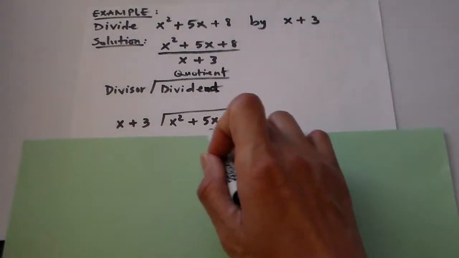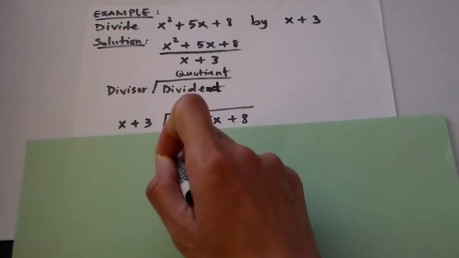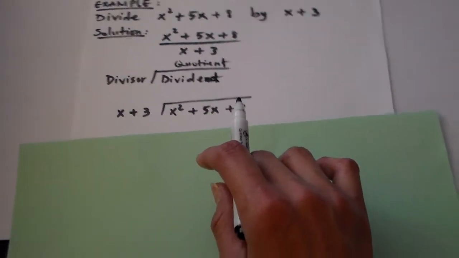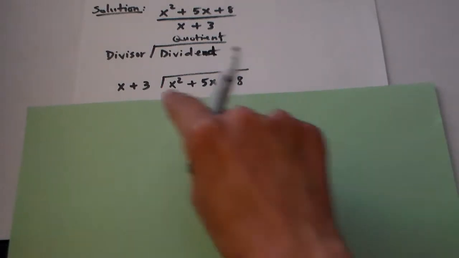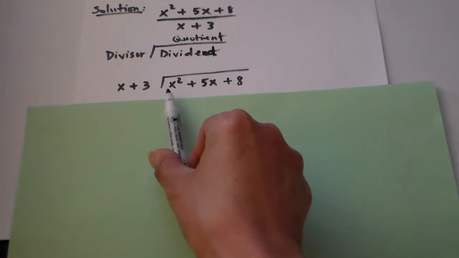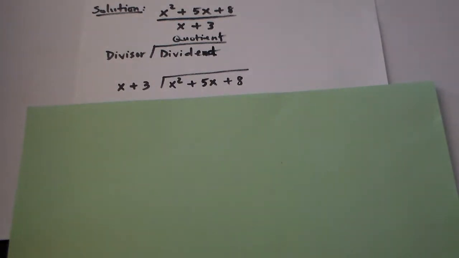Put the numerator x squared plus 5x plus 8 as the dividend, x plus 3 to the left as the divisor. Now make sure when you use long division, the order of arranging the terms in the dividend is very important. Make sure you arrange the expression in descending order of power.